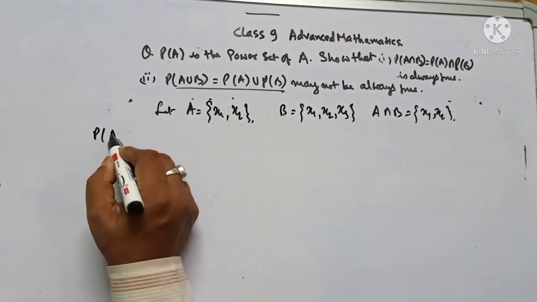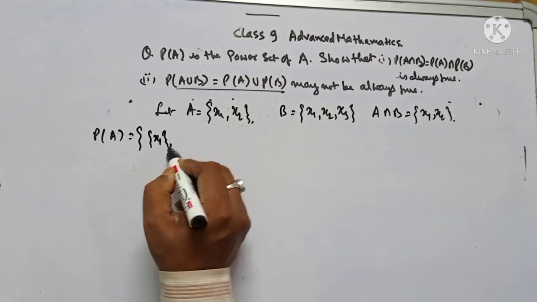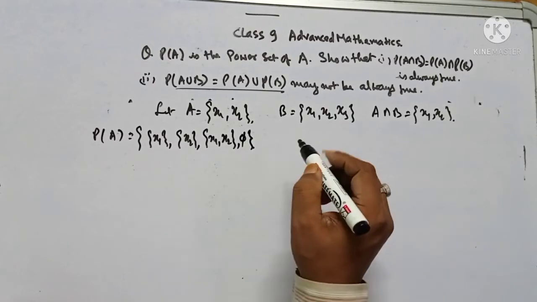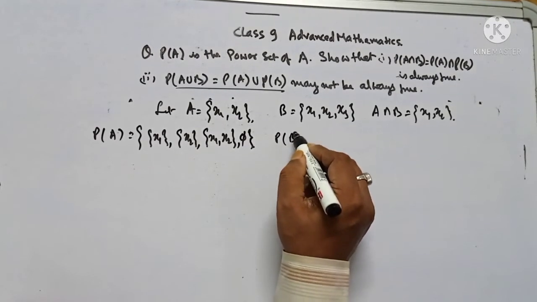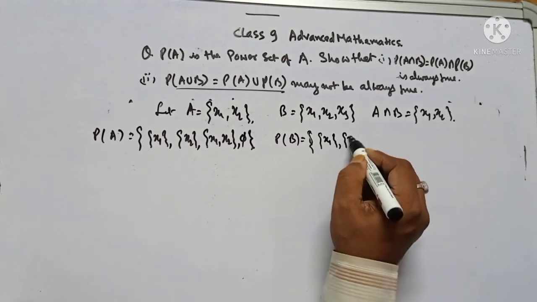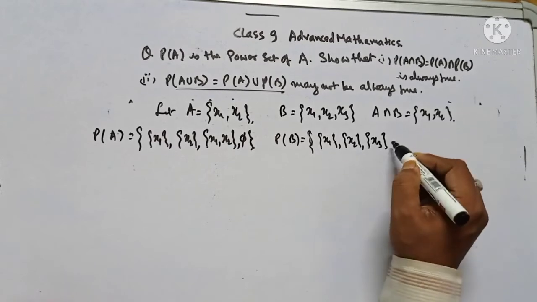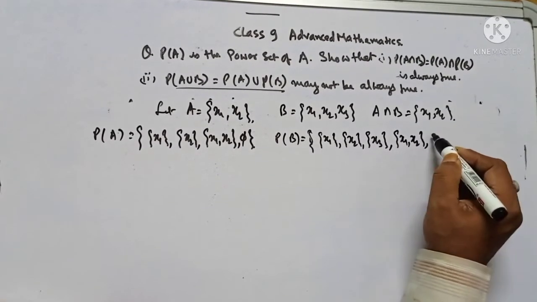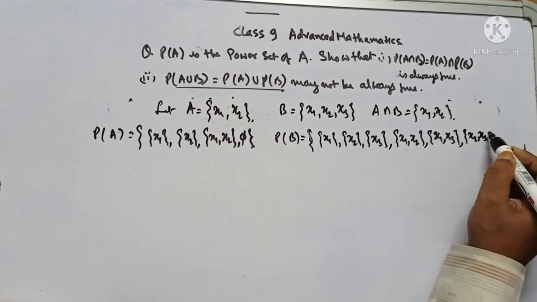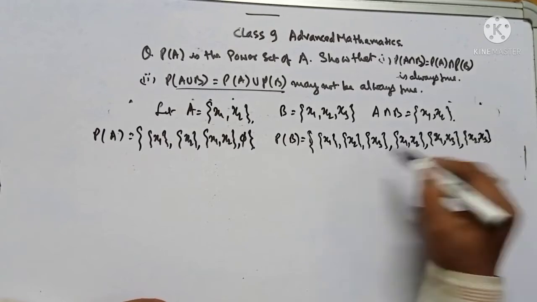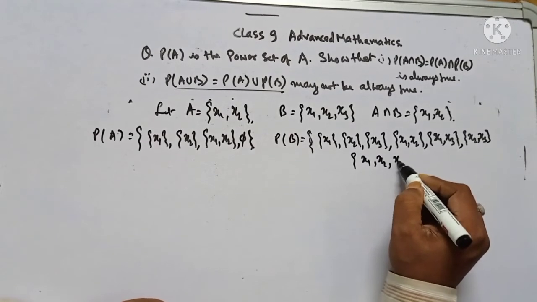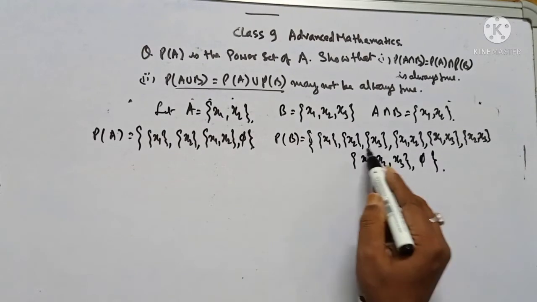Now here P(A), this will be {x1}, {x2}, {x1, x2} and your phi, and your P(B), this will be 2 to the 3, 8: {x1}, {x2}, {x3}, {x1, x2}, {x1, x3}, {x2, x3}, then {x1, x2, x3} and phi. We count the set: 1, 2, 3, 4, 5, 6, 7, 8.